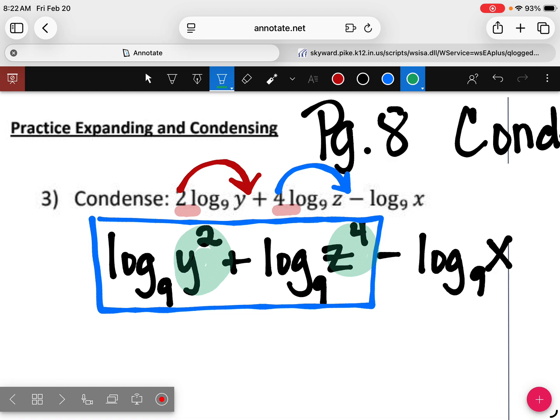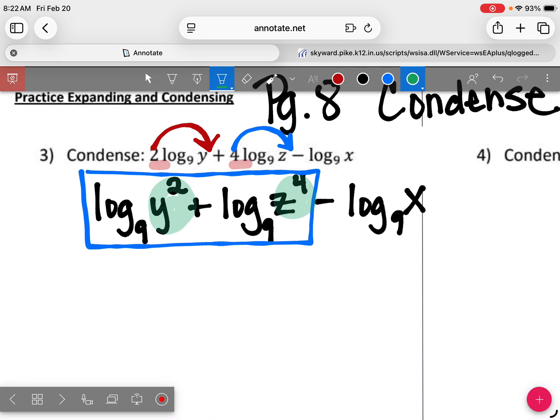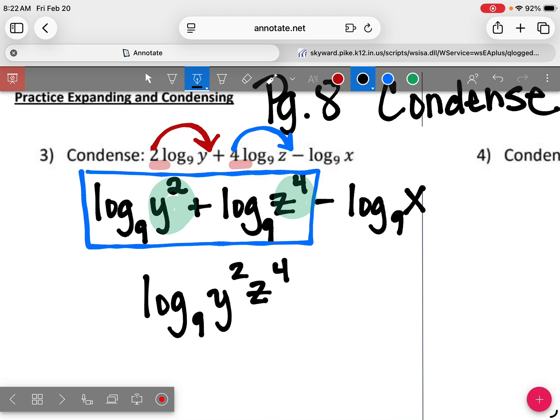So I'm going to shrink that down to just one log. So that would be log base 9 of y squared z to the 4th. See how I'm shrinking that down? Minus log base 9 of x.